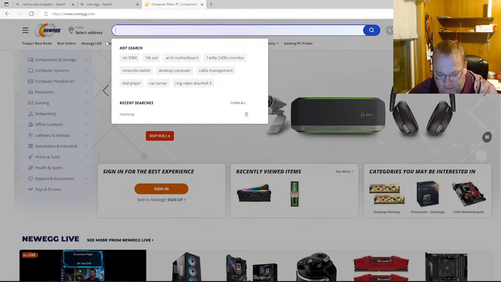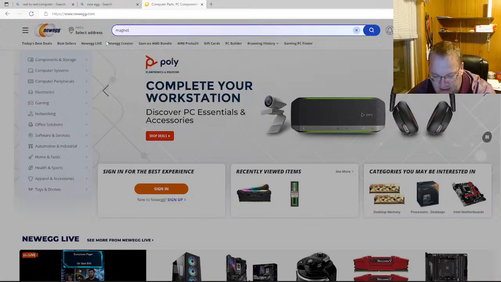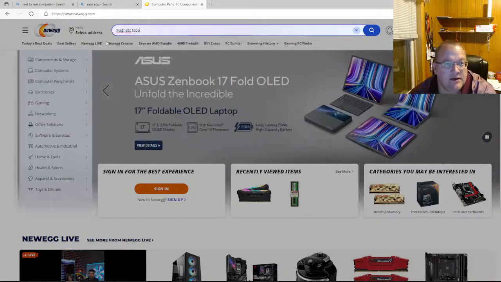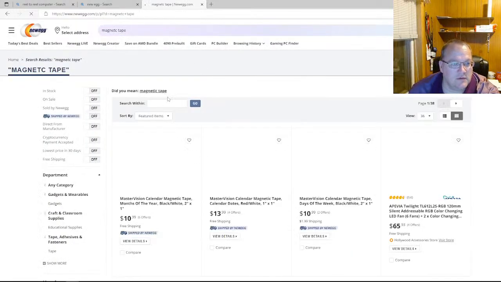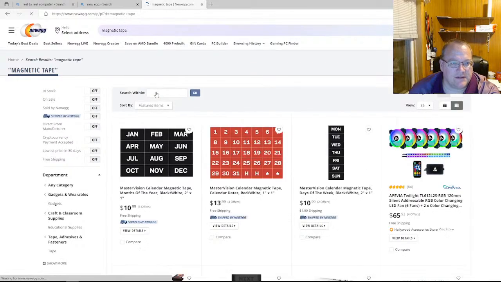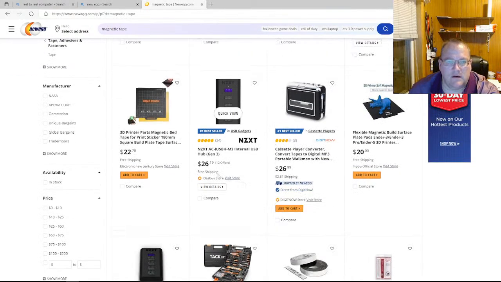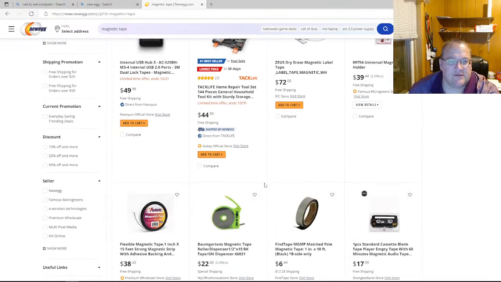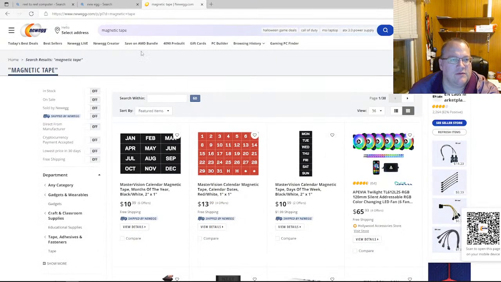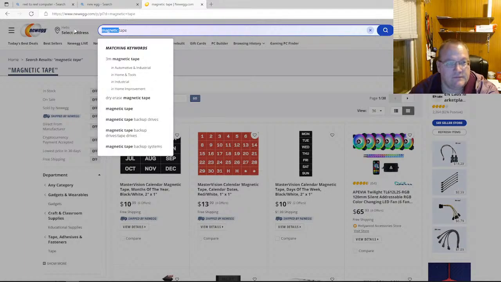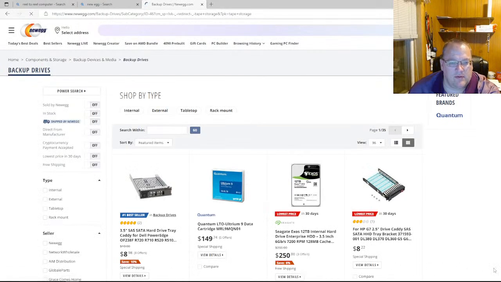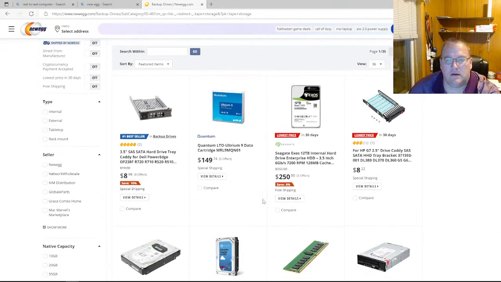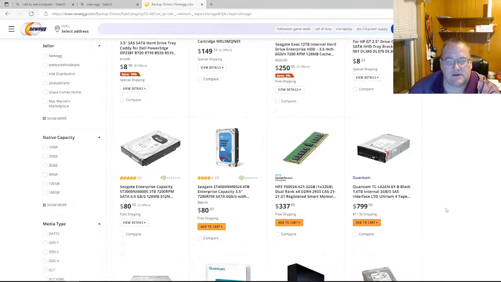What do I want to do? Magnetic tape. I spelled it wrong. Yeah, I meant magnetic tape like this. Trying to see if we can... No, okay, I'm putting the wrong words in here. Maybe we'll get one here. Yeah, see, these are all hard drives.